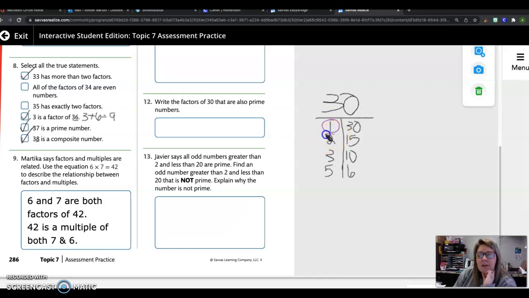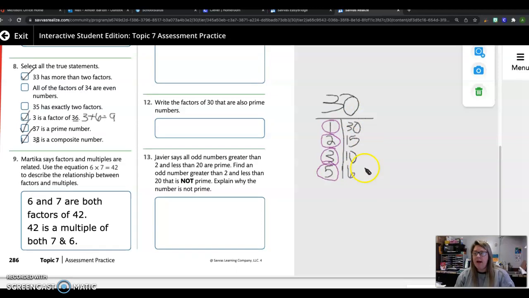And then 2 is also a prime number because 2 times 1 is the only factor pair. 3 and 5 are also prime numbers because the only factors that these numbers have are 1 and itself. 6, 10, 15, and 30 all have additional factor pairs, which makes them composite.